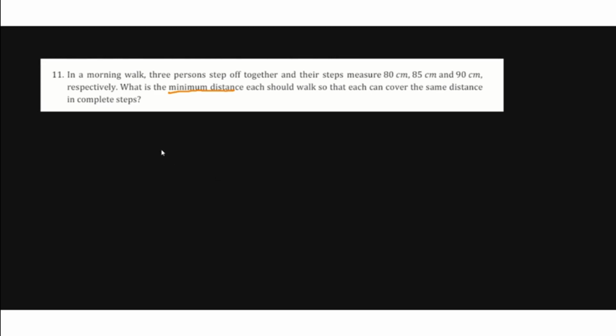So basically, the minimum distance is going to be the least common multiple of 80, 85 and 90.